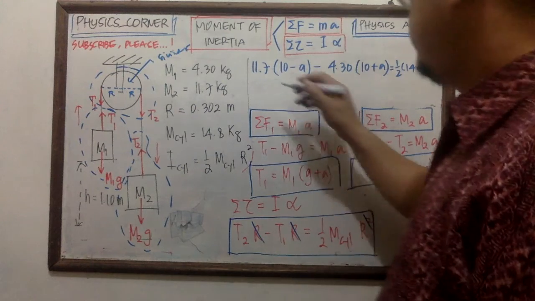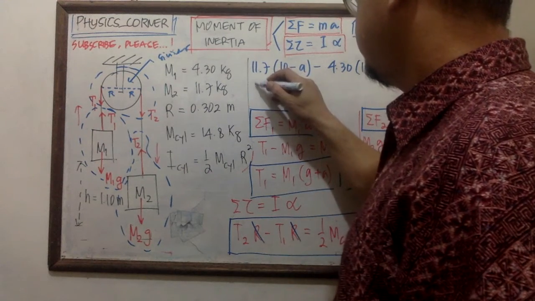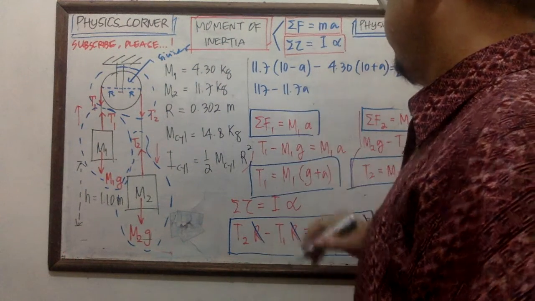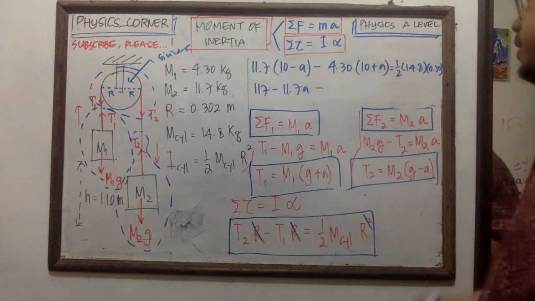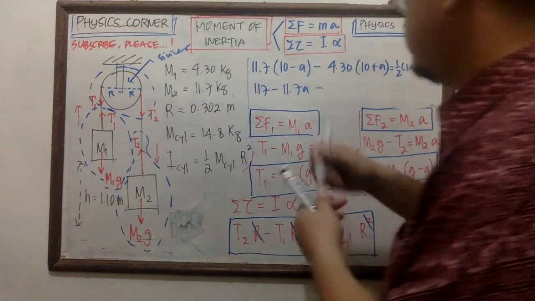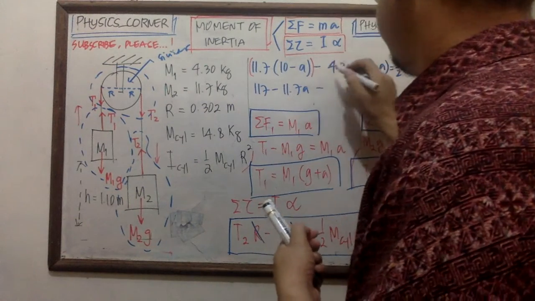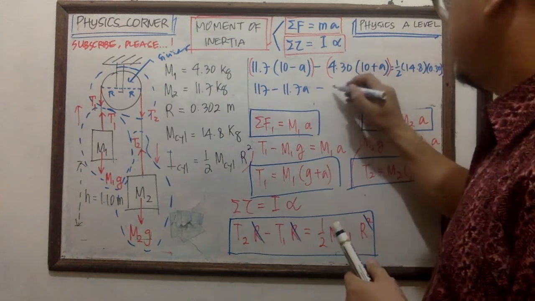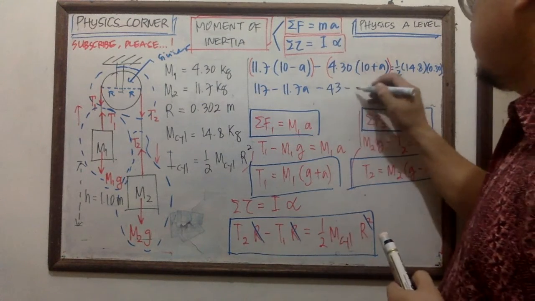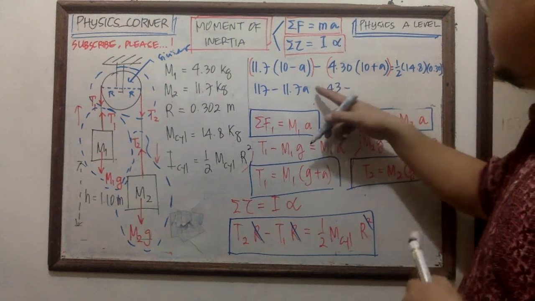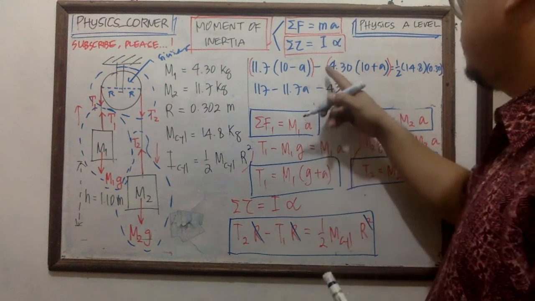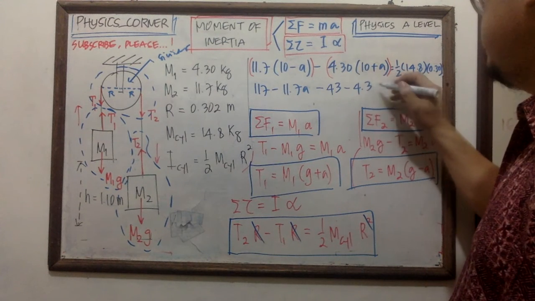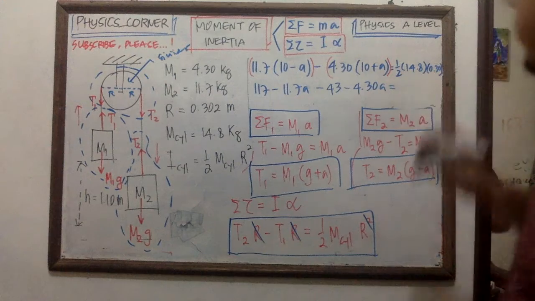So here, this is 11.7a minus, actually this is a bracket. If we break it here, we can say here is 4.3 minus, sorry, this is plus, minus 4.30a.